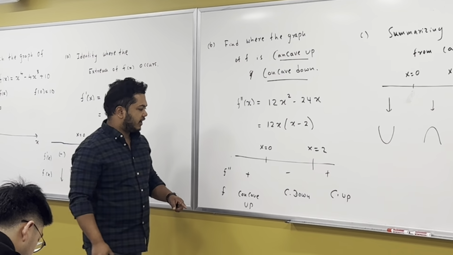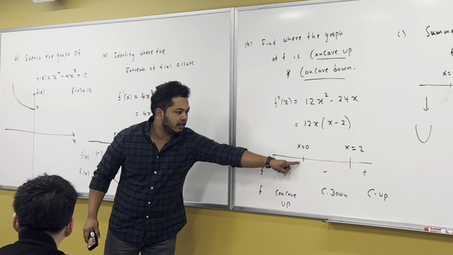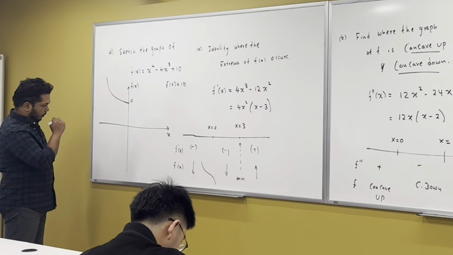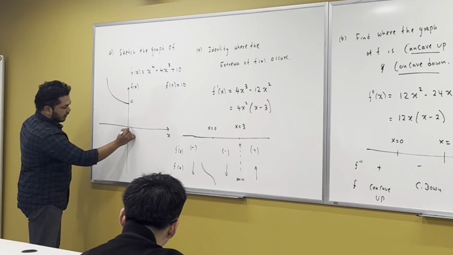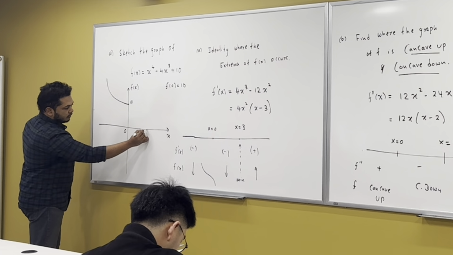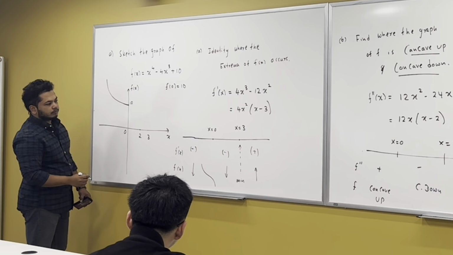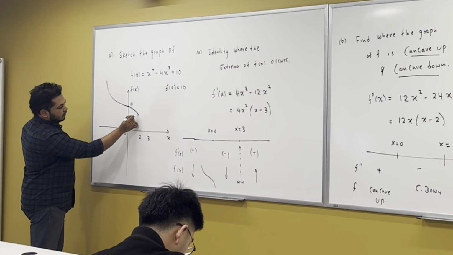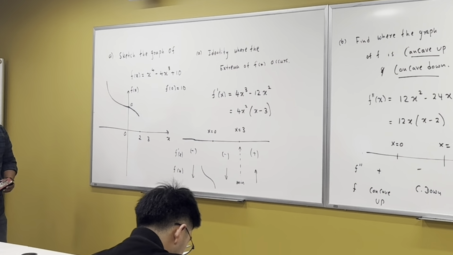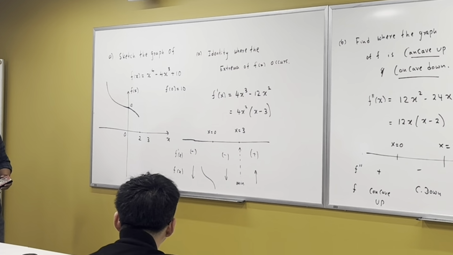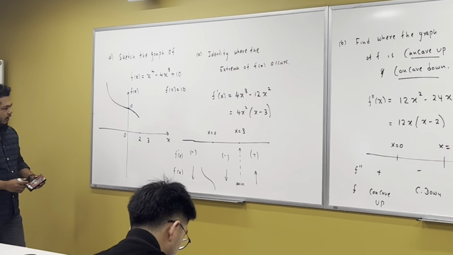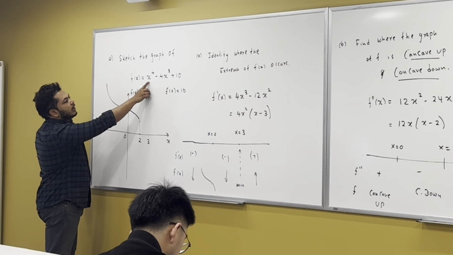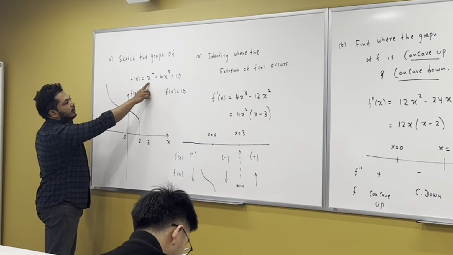The concavity changes at 0, I know, because that's one of the points where the second derivative is 0. So this is 0, and I'm going to mark 1, 2 here, 3 here. Something like this. At 2, you can plug 2 in and find out what it is exactly if you want.